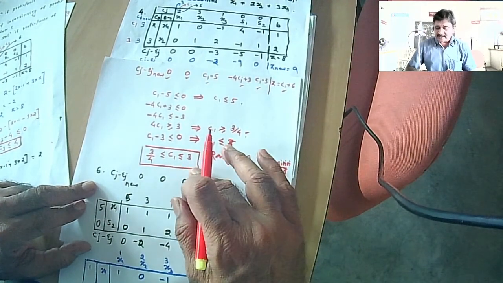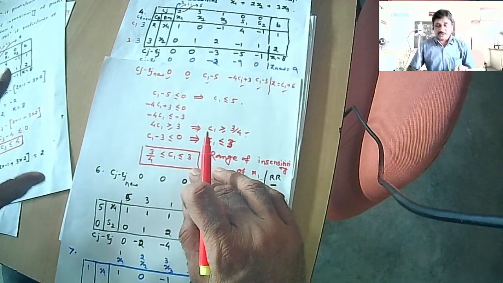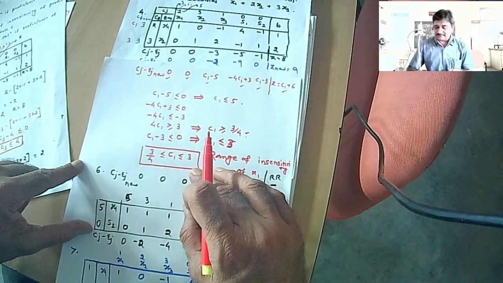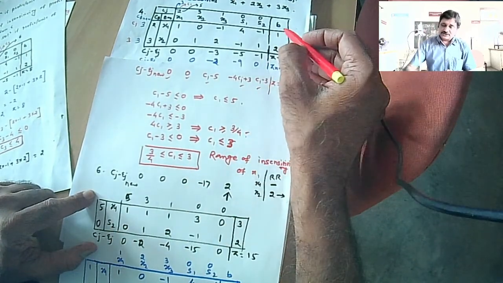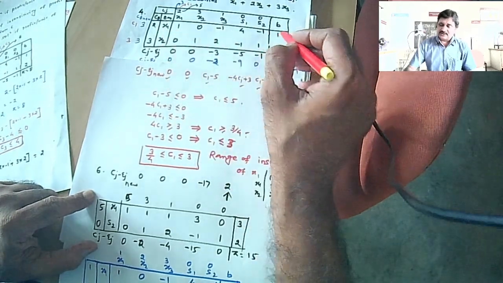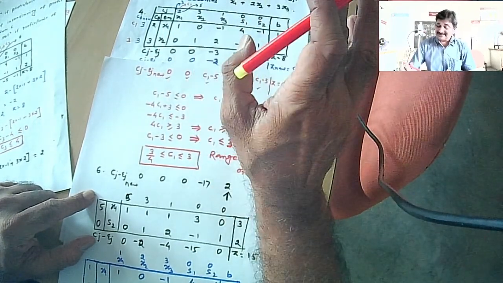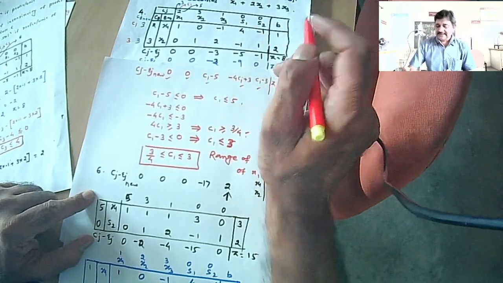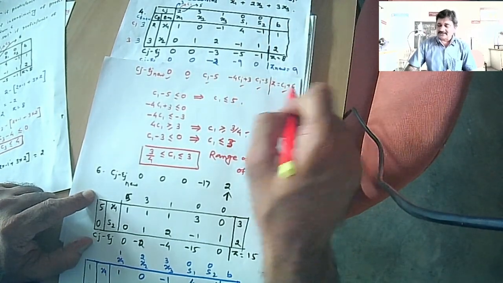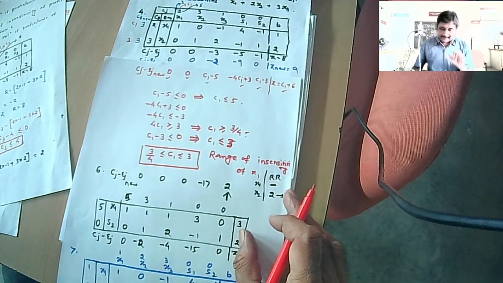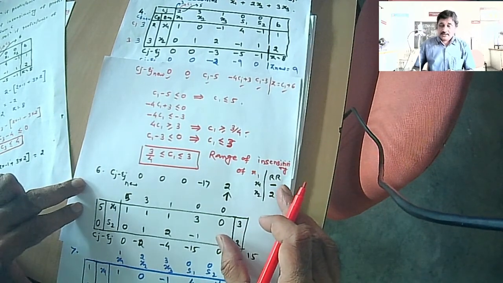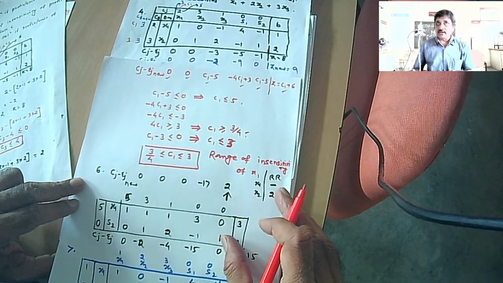Within this range, whatever be the coefficient of x1, your optimal solution will remain x1 equal to 1, x2 equal to 2. It will not change, but the z value will change. Z value will be c1 plus 6.